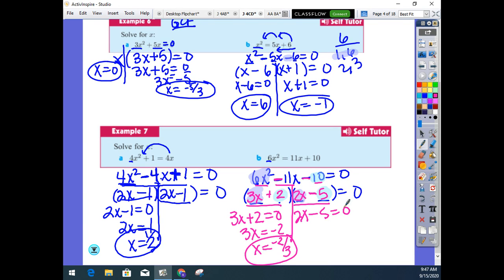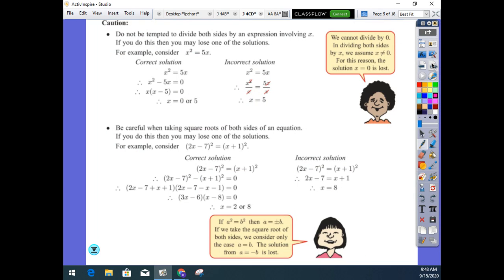Then I set 2x minus 5 equal to 0. Solve for x, and there's my second solution. Notice whenever I have a leading coefficient, I have fractional answers. I'm going to put that back into your brain for a little bit.